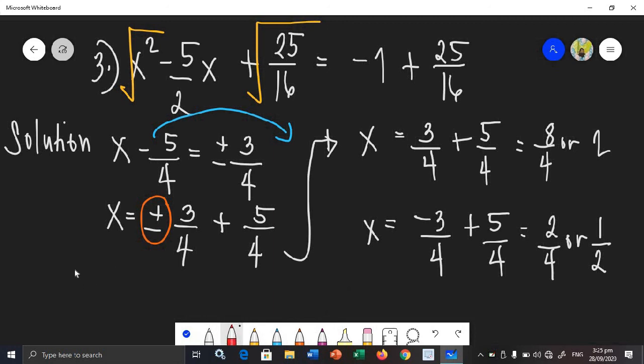Therefore, if we will be writing our answer here using sets, the roots of the given quadratic equation is 2 and 1/2. Yan na ngayon yung answer mo. Itong nasa baba. So that's how you use completing the square in solving quadratic equations.